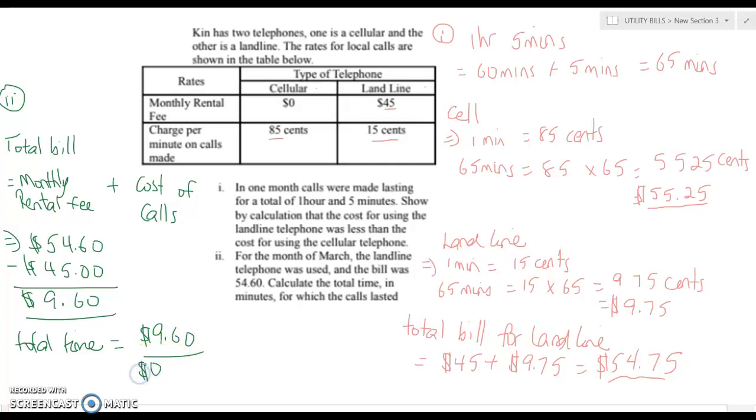So write it as dollars since we're using dollars here, right? 15 cents, and just divide that, and you will get 64 minutes, right? If you wanted, you could have used 960 cents divided by 15 cents, same answer you'll get, right?